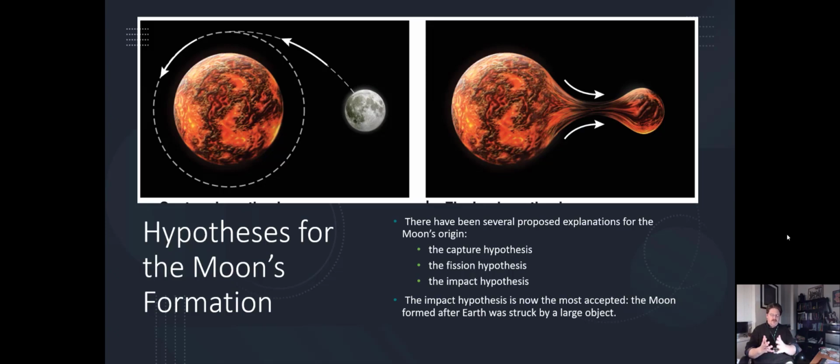So there are a number of hypotheses bandied about: the capture hypothesis, the fission hypothesis, and the impact hypothesis. The impact hypothesis, as I'll talk about last, is the most generally accepted of the three.